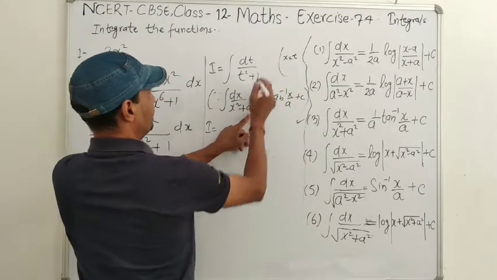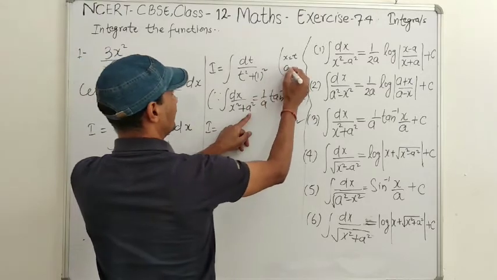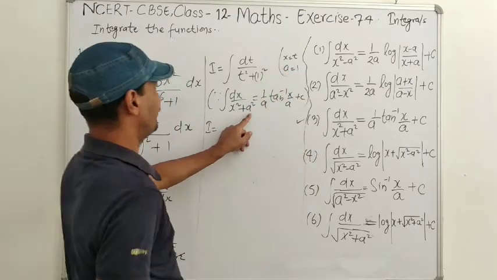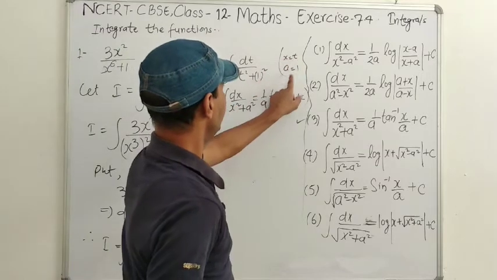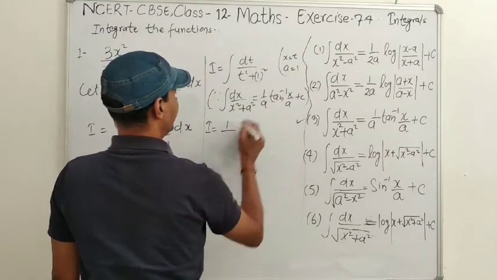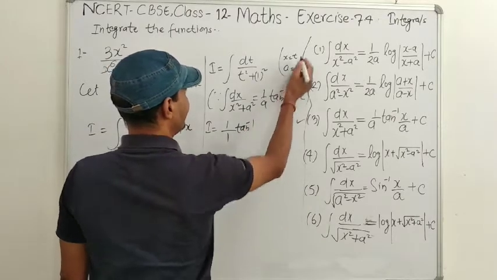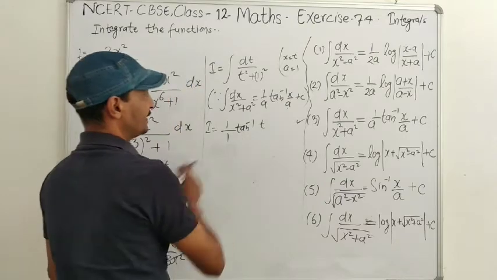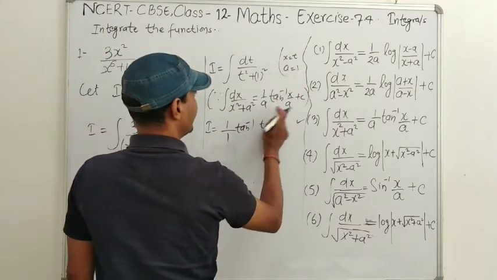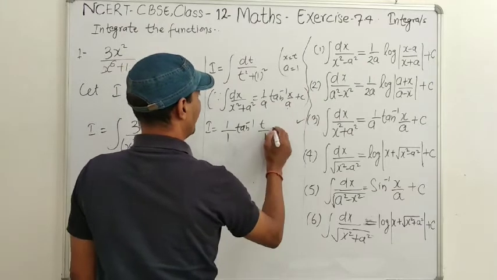And what is a? A is 1. In the place of x it is t, in the place of a, 1. So we write here 1 by a, 1 by a is 1, tan inverse x by a, x is t, a is 1, plus c.